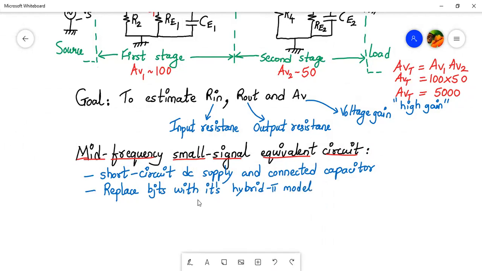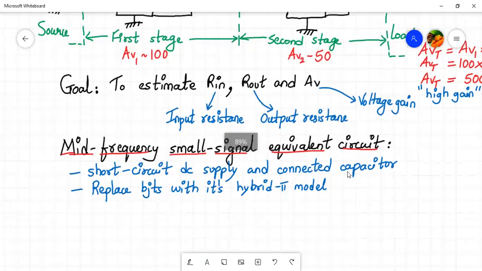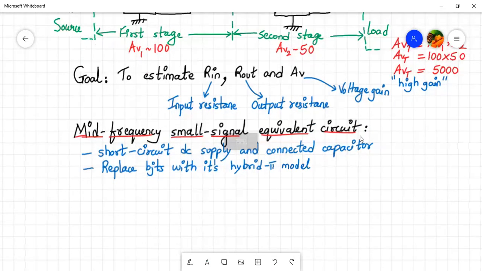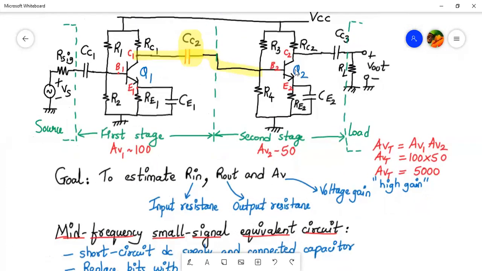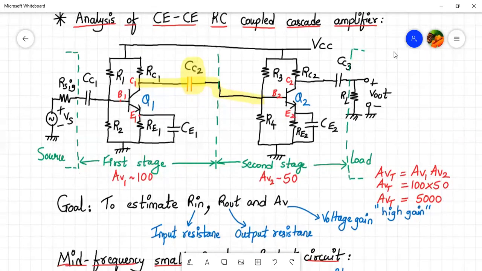Fine. Let me slightly increase. Yeah. So first of all, I will draw the hybrid pi model for Q1 and Q2 separately, right? And mark base 1, collector 1, emitter 1, base 2, collector 2, emitter 2. Fine. So let's proceed.